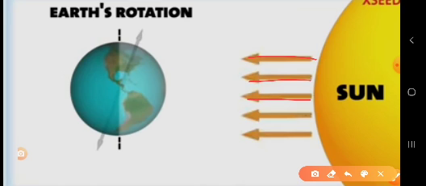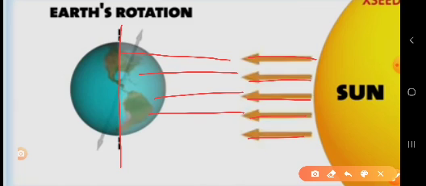When the earth rotates, this is the center of the earth. So the sun rays coming to the earth, the part of the earth which is facing the sun is day, and the part of the earth which is back, this side, this is night.